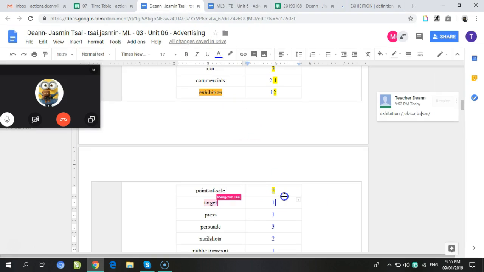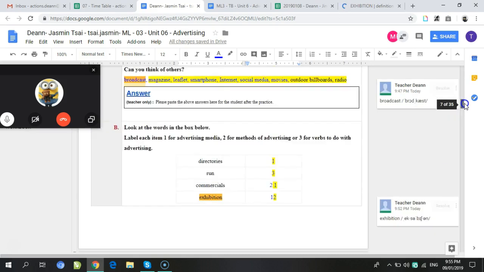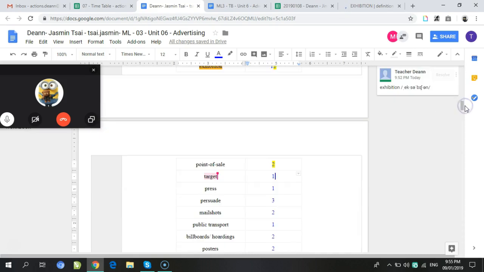Target is also a verb, of course. You will target those people that you would like to buy your products. So instead of 1, that should be 3.